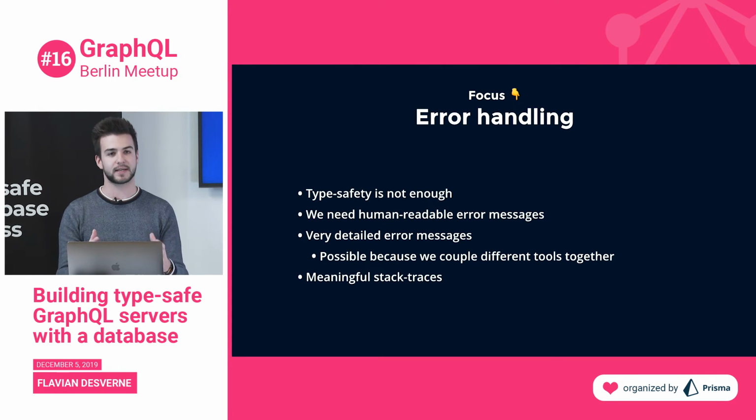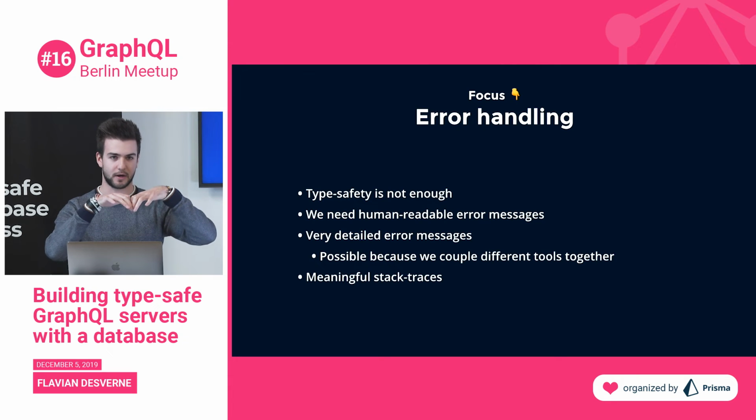The reason why we can provide such detailed error messages is because if you think about it, each individual component of an application can only raise errors about themselves, only their self-awareness. But once you are a framework and you couple a lot of components, you suddenly have a vision of the whole stack.